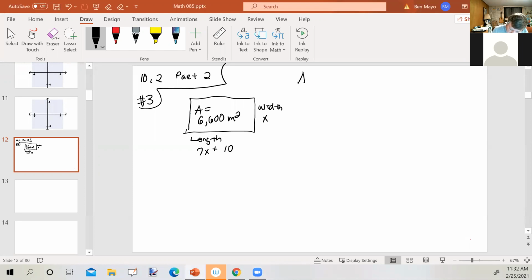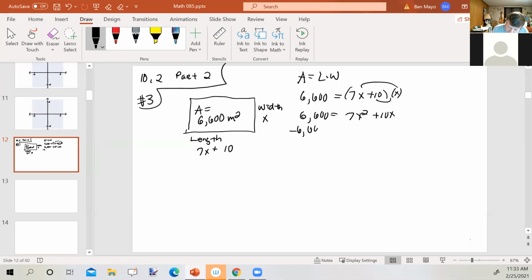Using the formula, area equals length times width, we get 6,600 equals 7x plus 10 times x. Distributing on the right side of the equation, we get 6,600 equals 7x squared plus 10x.